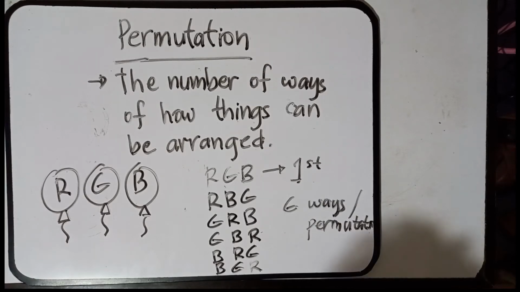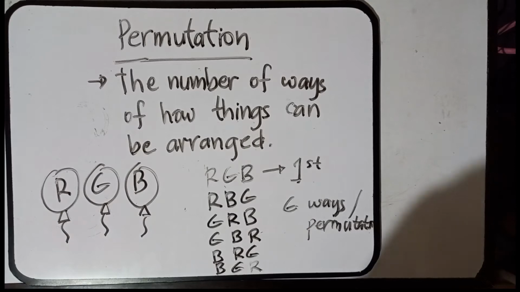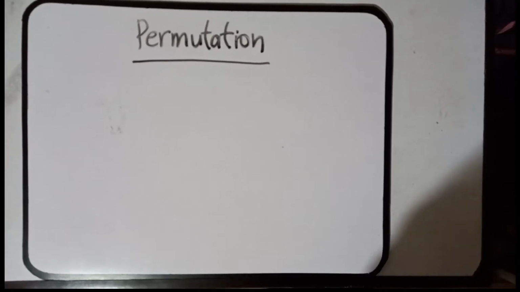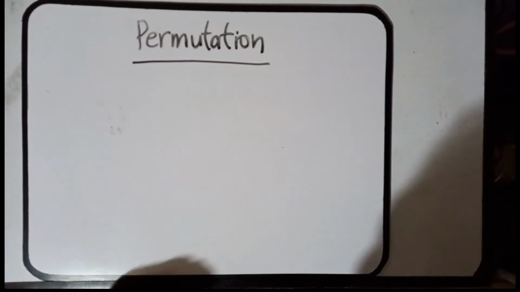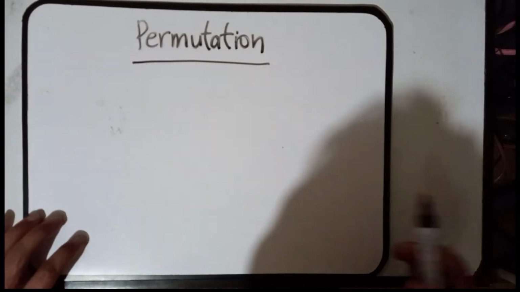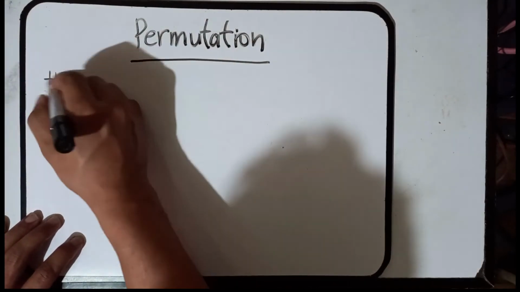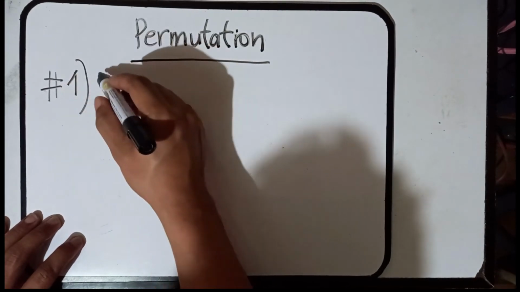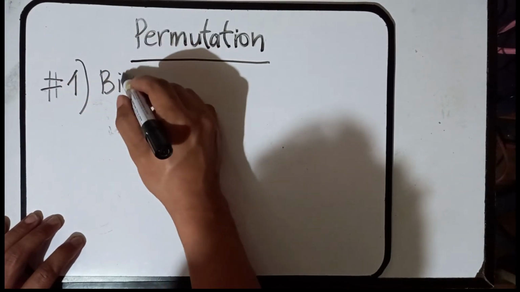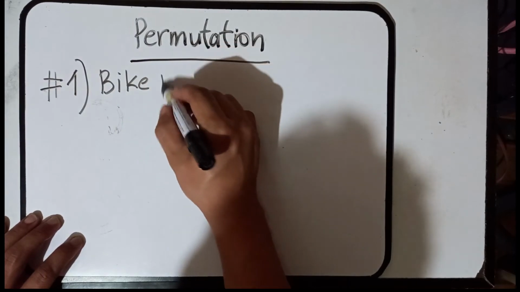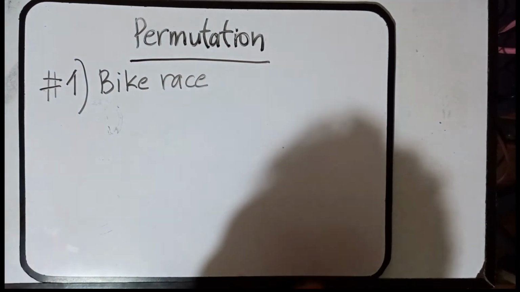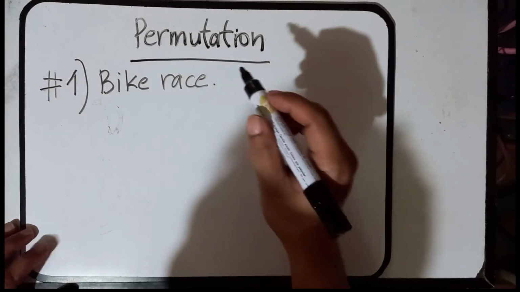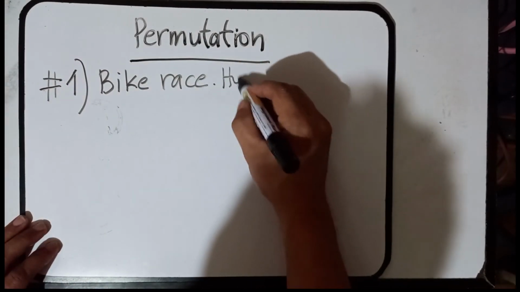Okay, so let's have another example. This time, let's say there is a race of bicycles. Let's say problem number one. We have a bike race, and you're asked how many ways.